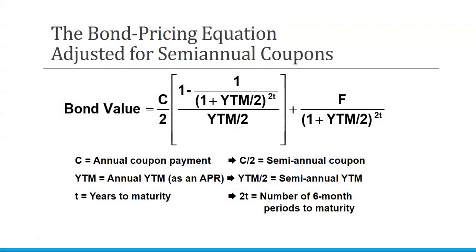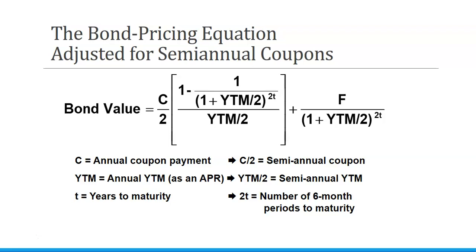The bond pricing equation, this is adjusted for semi-annual coupons. If you remember, our original equation was looking at if we just had one interest payment per year. So this is the equation for if we have semi-annual coupon payments, or 2 interest payments per year on a bond.